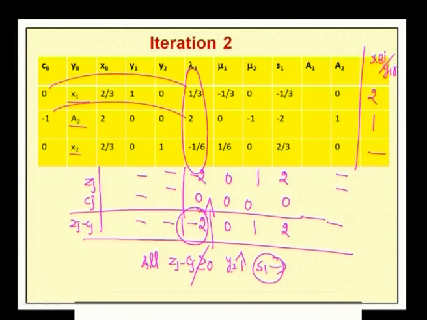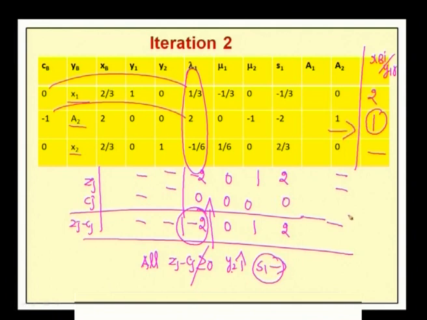Now, once we fix the entering vector lambda 1, if we compute the minimum ratio xbi by yar, for this one 2 by 3 by 1 by 3 which is 2, for this one 2 by 2 which is 1, for this since yar is negative, we should not compute this value. Among these, the minimum is 1. So, our leaving vector is a2.